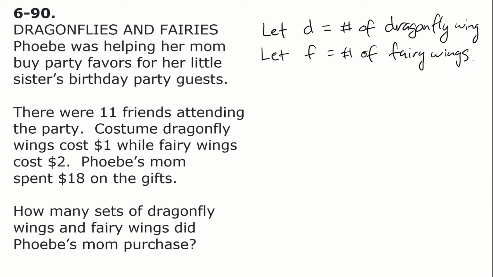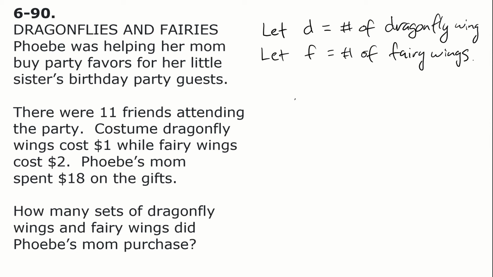There are two equations described here. First of all, there are 11 friends attending the party, so I'm assuming that she's buying enough. I could make the assumption she's going to buy 12, or extras, but I'm just going to go with the number they said here, 11.